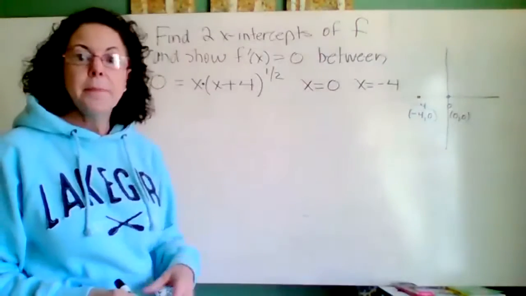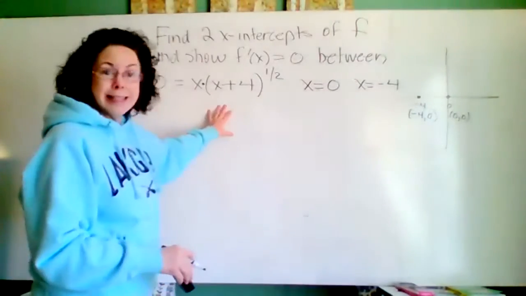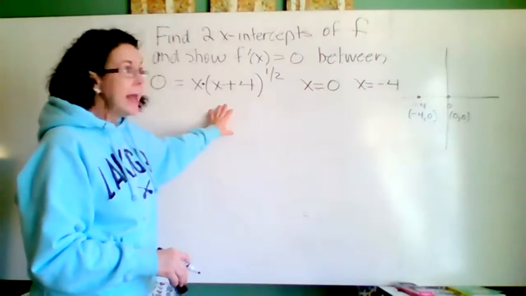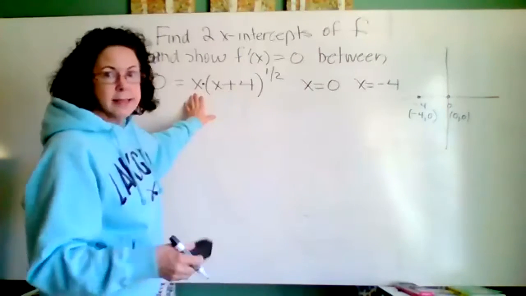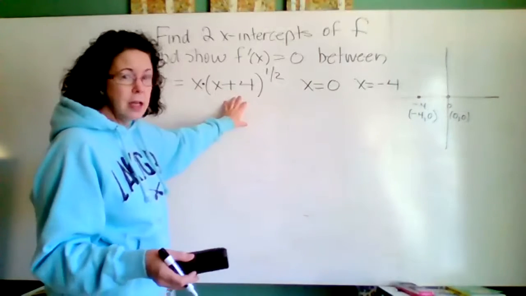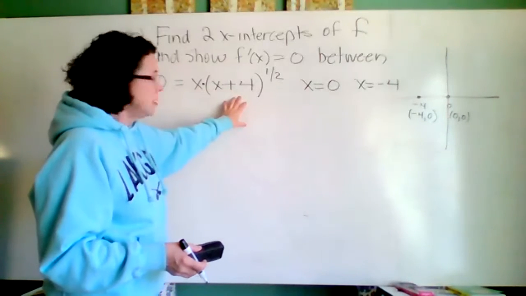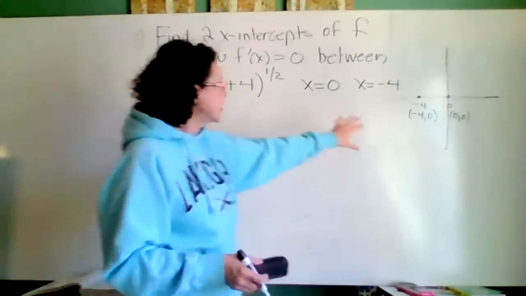In other words, I have a function that's continuous, right, and differentiable, because x is continuous and differentiable, and the square root is for any x's greater than -4. And it's on a closed interval.